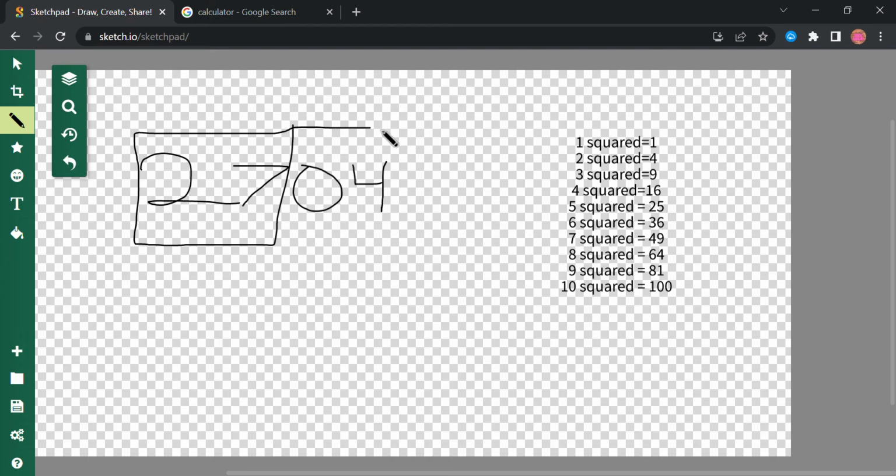The number 27 is right in between 25 and 36. The number that is very close to it without going over it is 25, and that's the square of 5. So 5 will be our first number here.